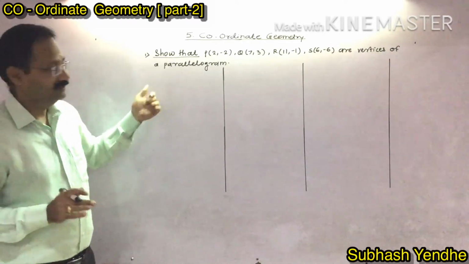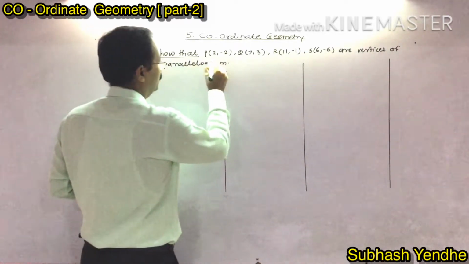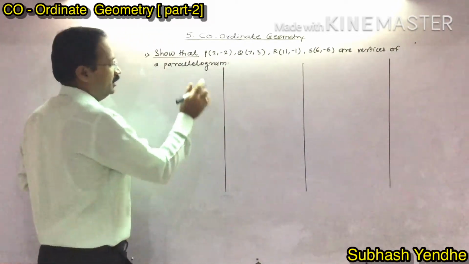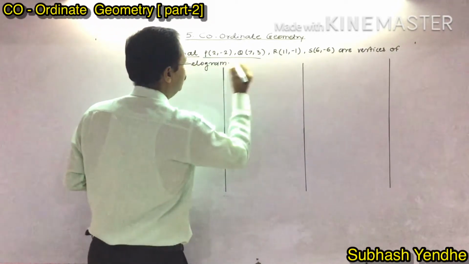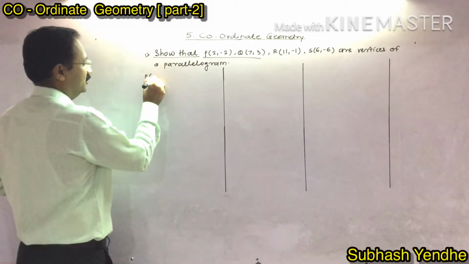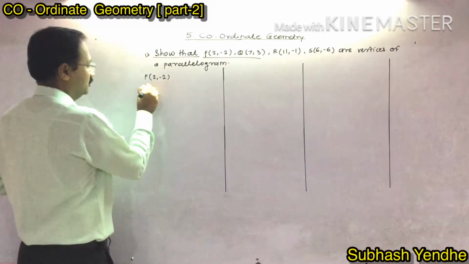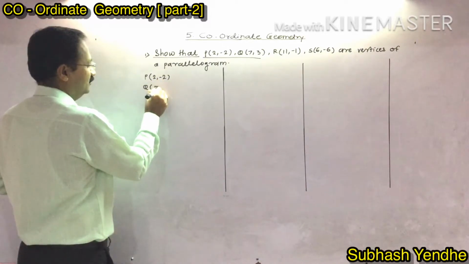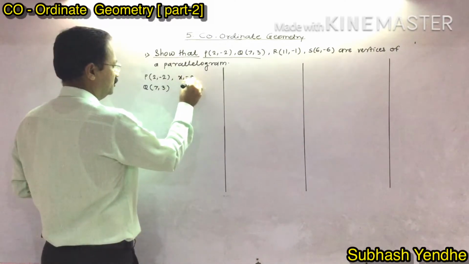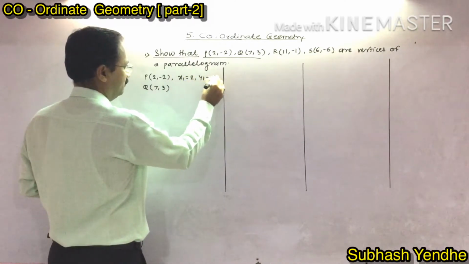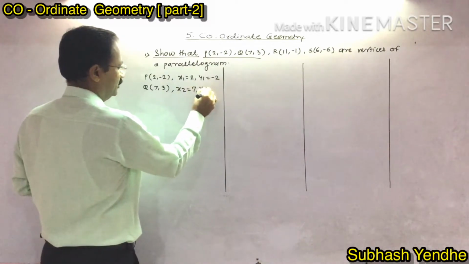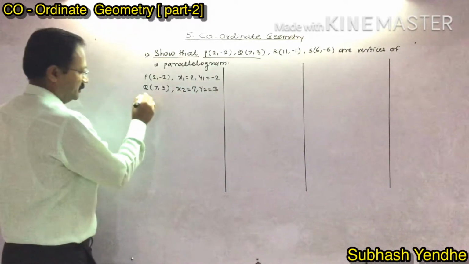Okay, so let's start. We know that in a parallelogram there are 4 sides. So the first one we have to find is PQ. P's coordinates are 2 and minus 2. Q's coordinates are 7 and 3. So x1 equals 2, y1 equals minus 2, x2 equals 7, y2 equals 3.